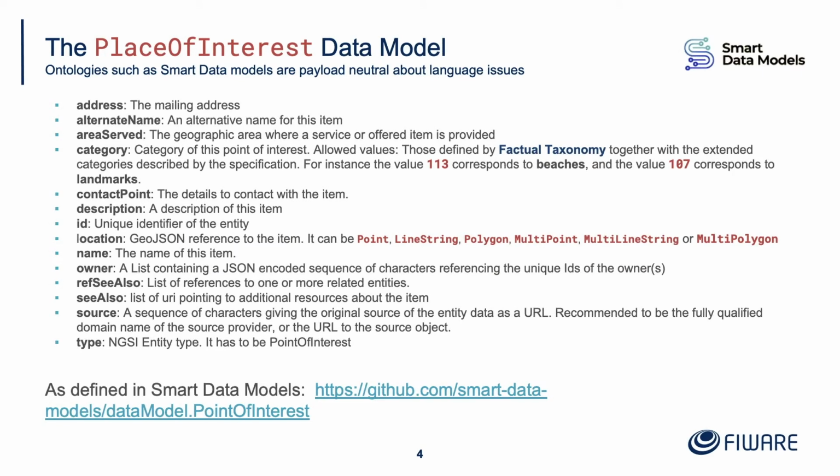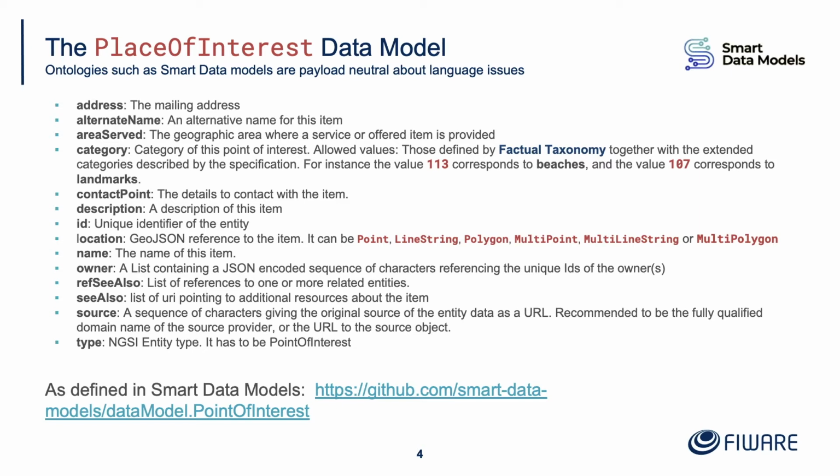This is the standard smart data model's Place of Interest. We're going to look at landmarks today, and you can see that it doesn't mandate what the values of the various strings are going to be. An alternate name, it says it's text, but it's a property basically. But the interesting one here is to look at category.